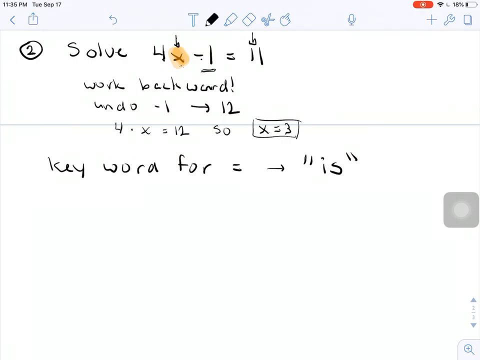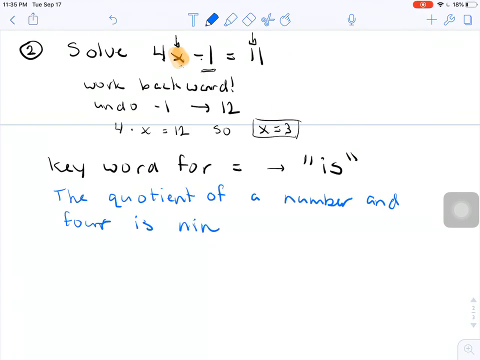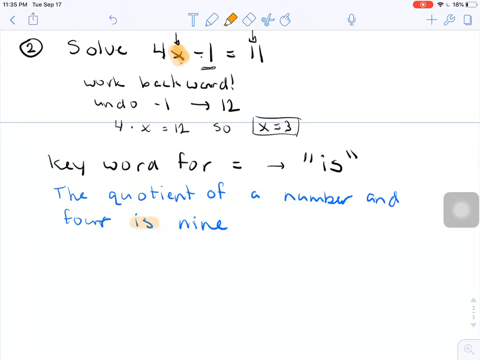For example, let's say you were given this statement. The quotient of a number and 4 is 9. This statement has a keyword in it for equals right there, the word is.